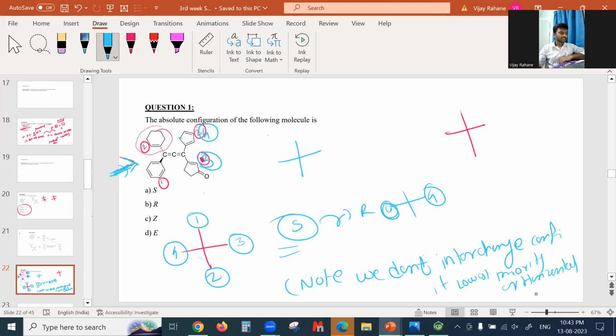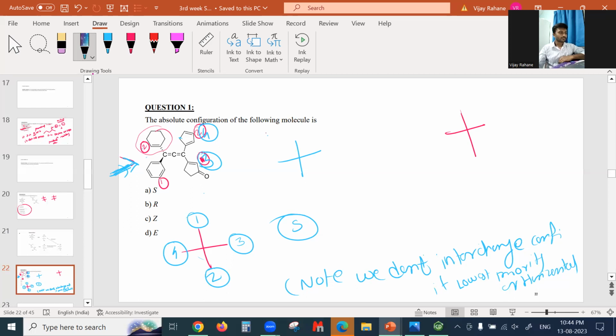But in this kind of isomerism, we don't exchange this. Whether the fourth priority group is on the horizontal side or the vertical side, we don't exchange it. So S remains S.